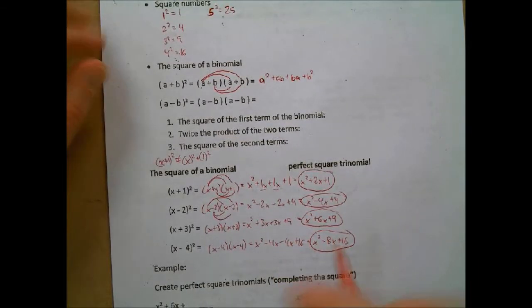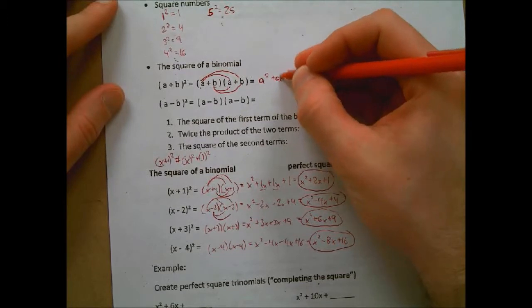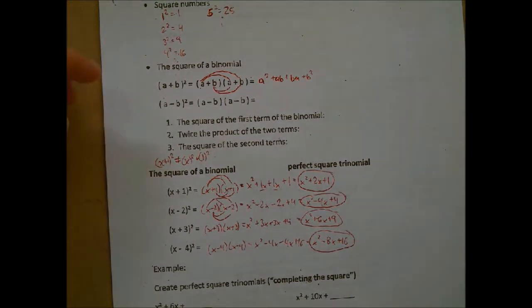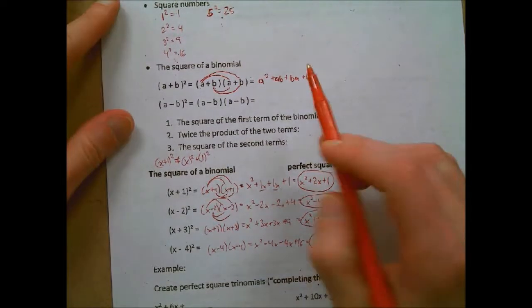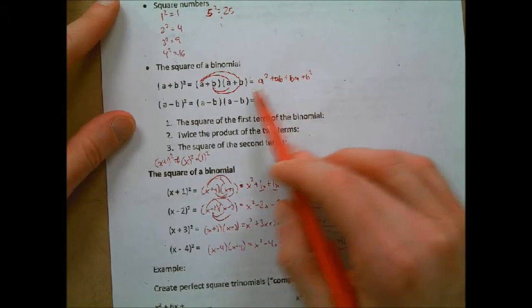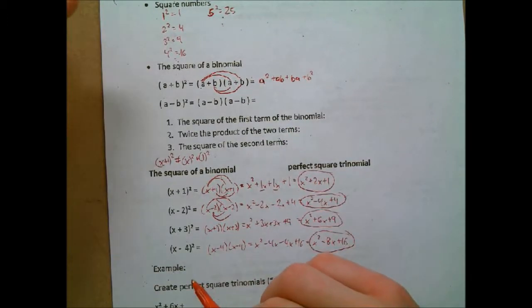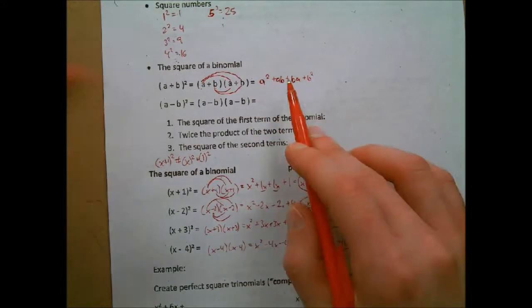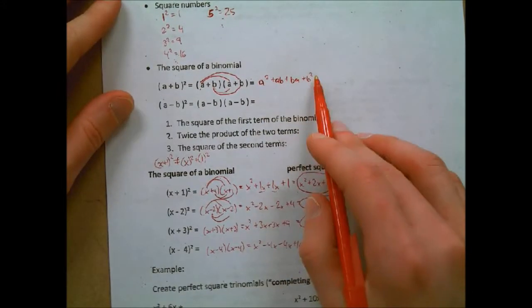Now I know it's harder here because we have a's and b's, but do we have any like terms here? Okay, so are a squared and b squared? They're both squared, but are they like? This is a squared. This is b squared. So not those. Nope.